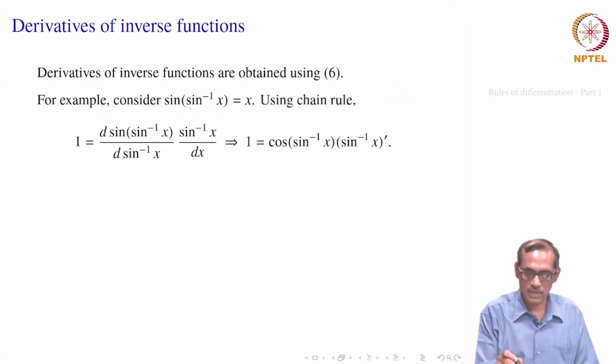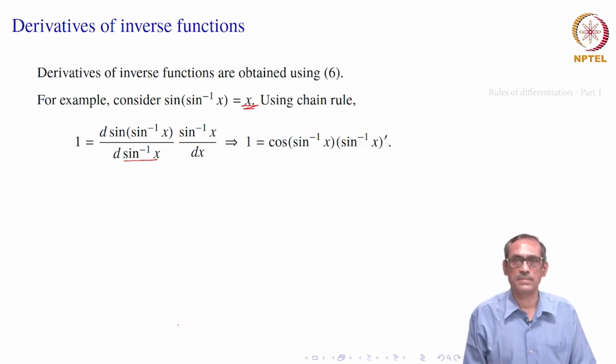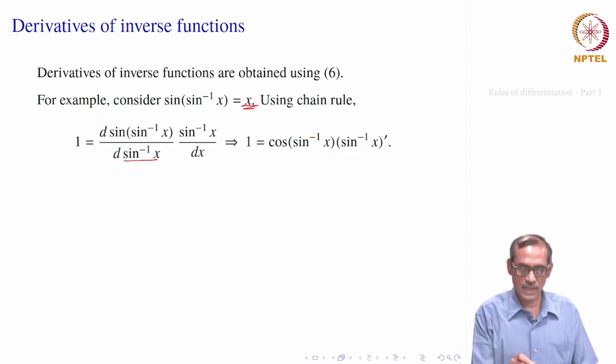So, that would give d of x derivative is 1, we kept on the left side, and derivative of sin inverse x, that would give that function with respect to sin inverse x, and sin inverse x with respect to x. This is like your sin y and d sin y by dy. So, that is d of sine function, that gives you cosine of y.